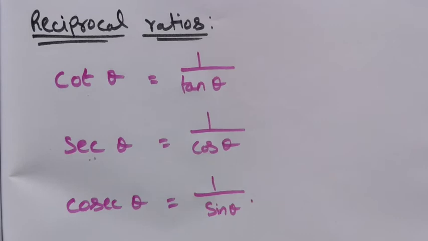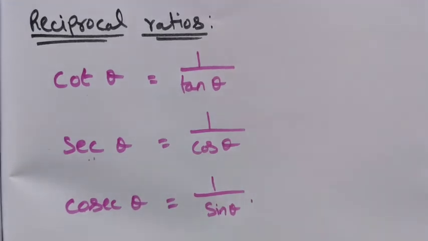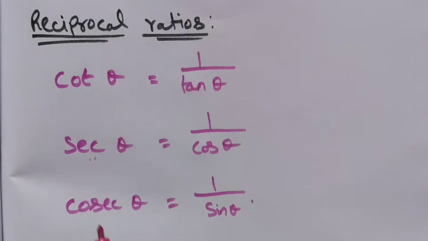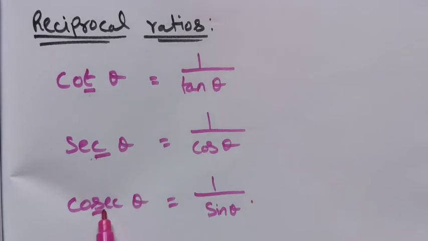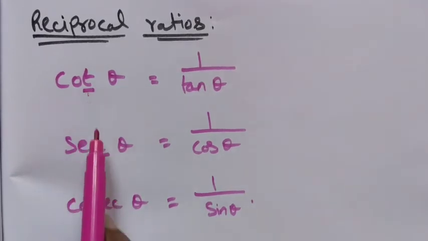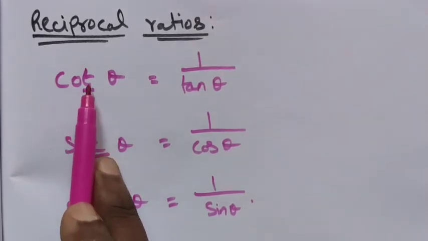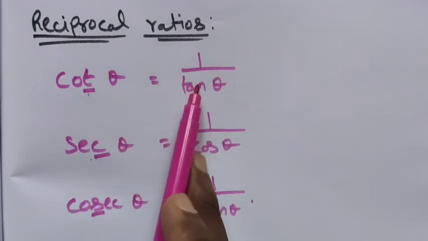Is there an easy method to remember this? I give you one short idea. See the letter in the third place. The letter in the third place of cot theta is T, so the reciprocal is 1 by tan theta.